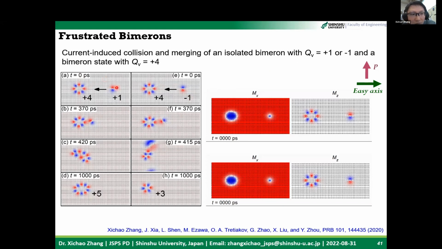So we just put a cluster-like texture on the left side and a single bimeron texture on the right side, and we apply the damping-like spin torque in the system. Only the bimeron texture with the skyrmion number of 1 can be driven into motion toward the cluster. So we don't need to pin the cluster-like texture because it cannot be driven into motion.